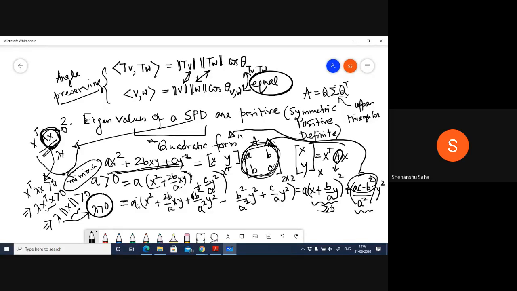Okay, all right, and this pretty much forms the foundation of singular value decomposition.